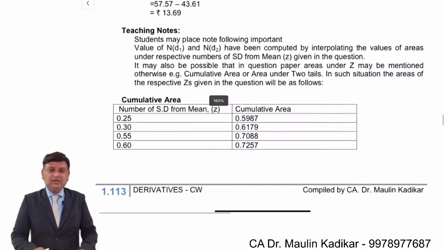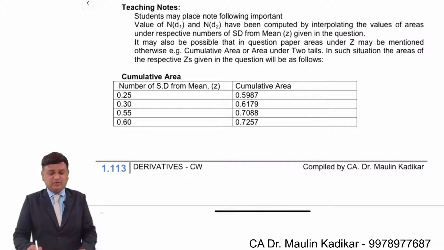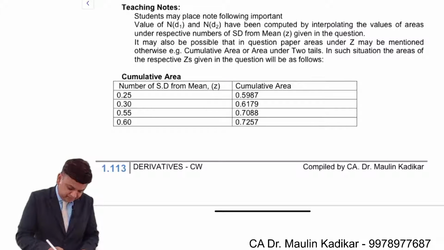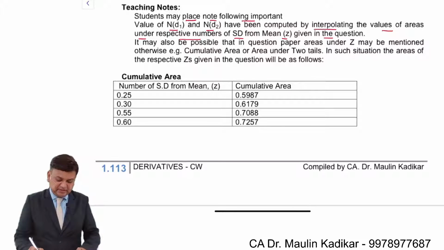Further, the institute has also given a tutorial note which I think is quite important. Students may note the following important points. Values of ND1 and ND2 have been computed by interpolating the values of the area under respective numbers of the standard deviation from the mean given in the question.